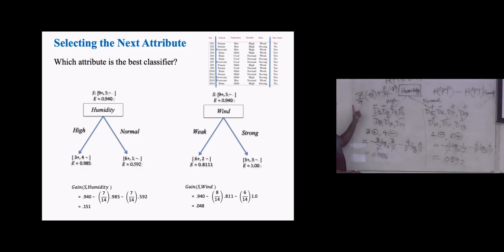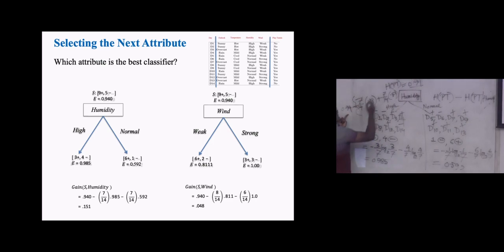Right? This is the expected information entropy of clay tennis if you know what humidity is. And what is the information gain? You just, originally it was this, right? Before we knew humidity. So you subtract from that this value.